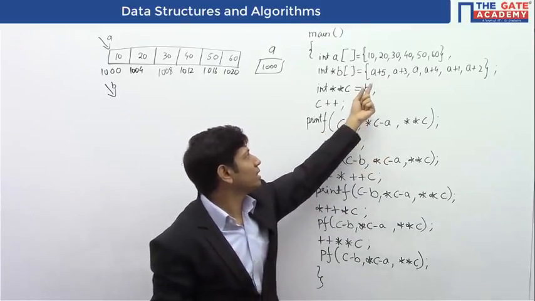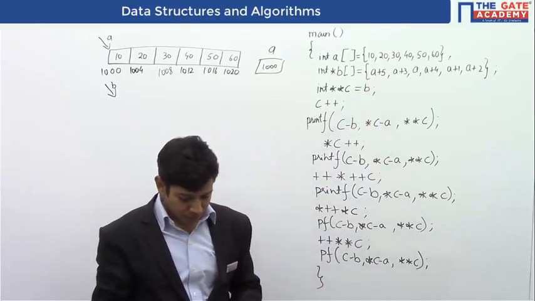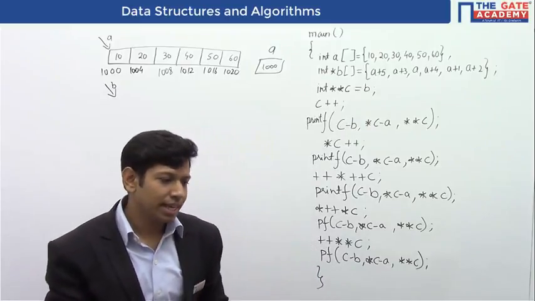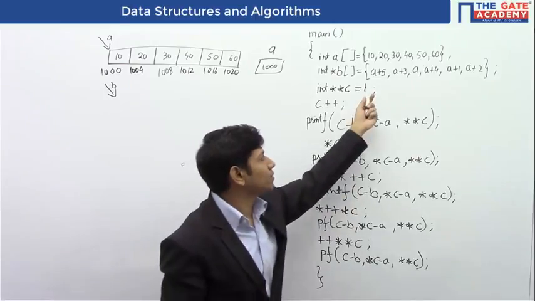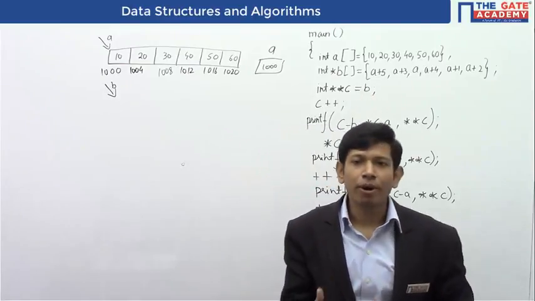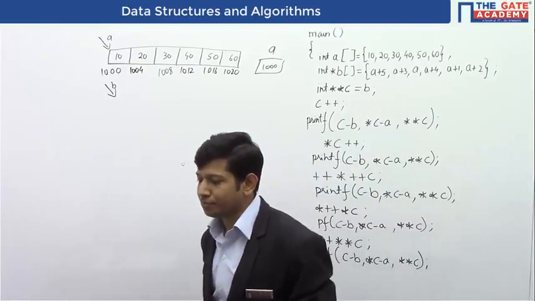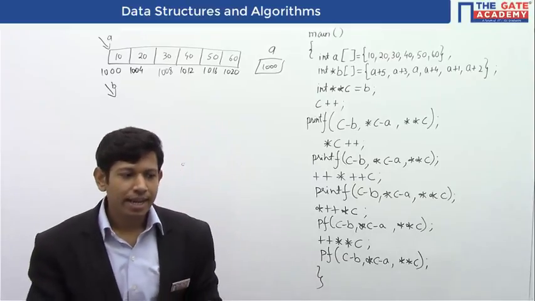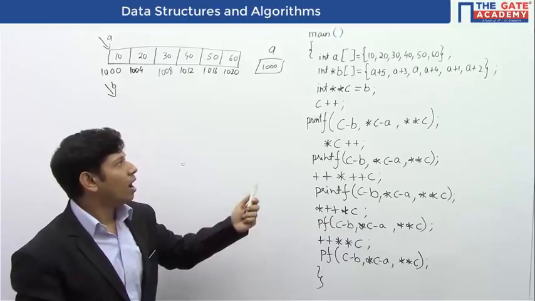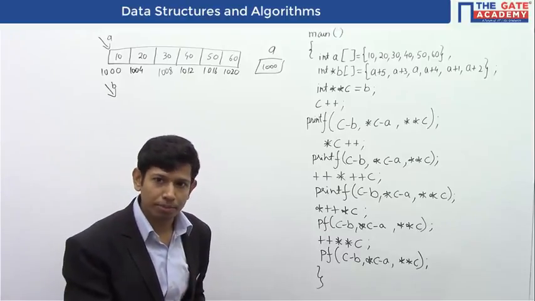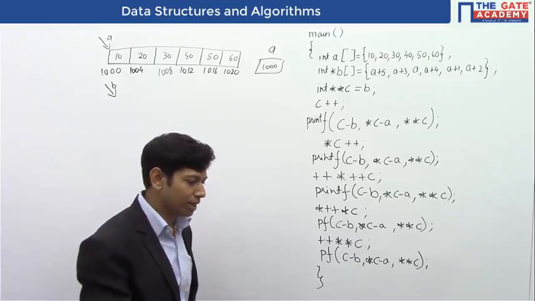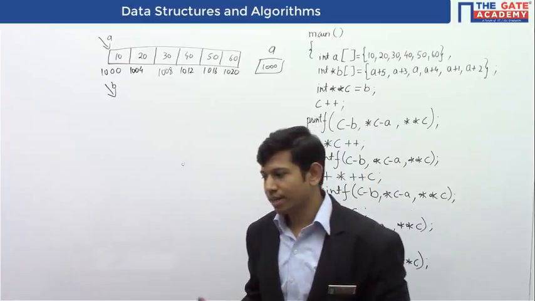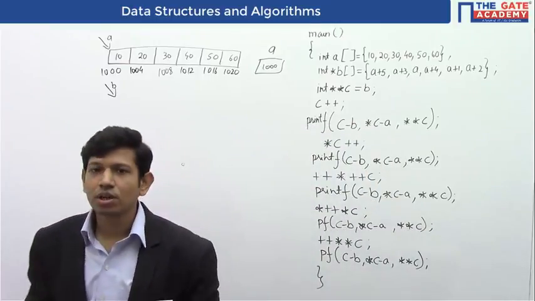Now what does this plus 5 represent? A is a pointer, A is an address. In pointer arithmetic, whenever a pointer is added with a numerical constant, it signifies how many places we have to jump in order to get the resulting pointer, the resulting storage location.